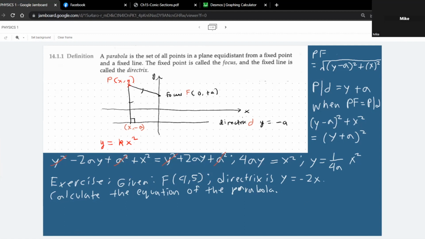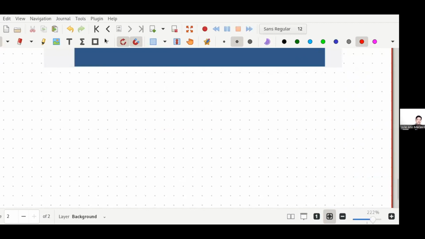So let me share my screen again. So what if ito yung case naman? Ito yung mga convenient na choices kasi eh.